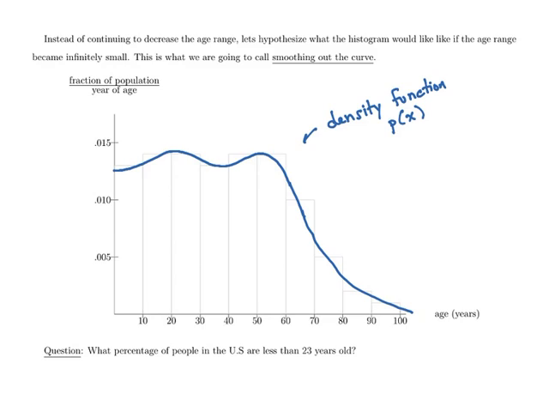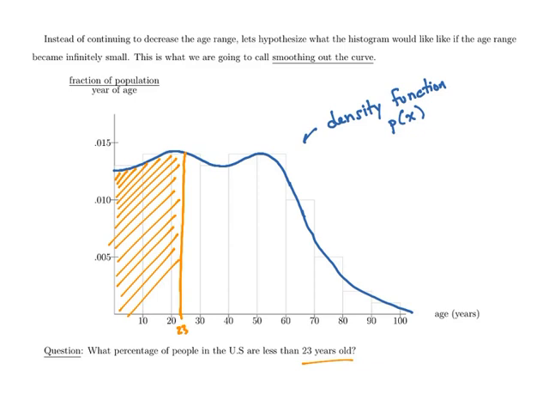So going back to what we talked about in the previous problems, we can answer questions like, what percentage of people in the US are less than 23 years old? We look at the x value of 23, and using this curve, we are looking for the area under that smoothed out curve.